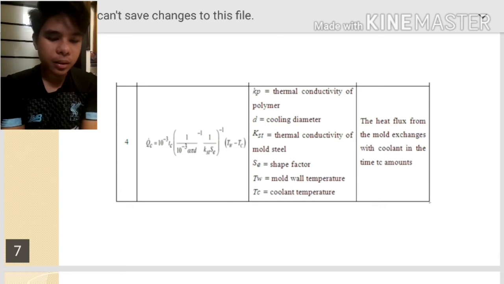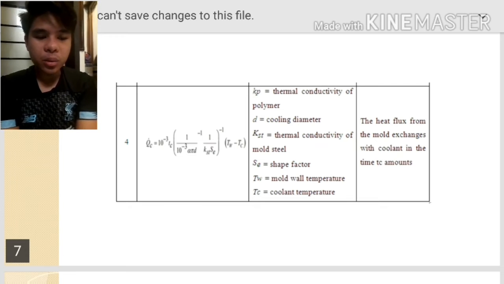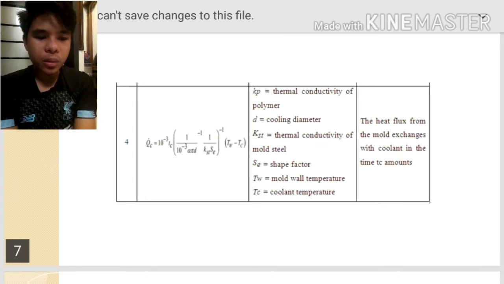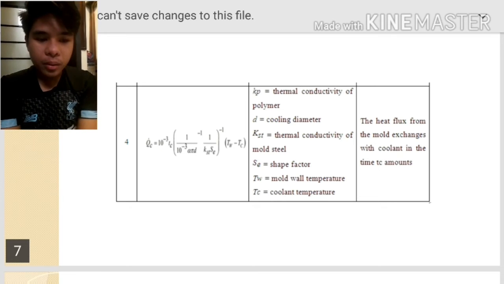So the formula is Q dot C equal to 10 to the power of negative 3 multiplied by Tc, and then multiplied by 1 over 10 to the power of negative 3, and then the A pi D times 1 over K multiplied by USE in bracket.